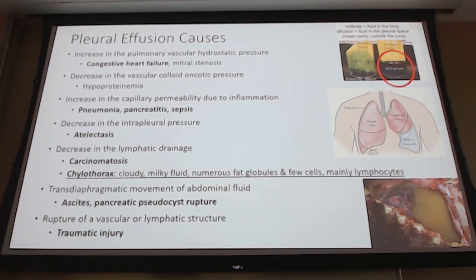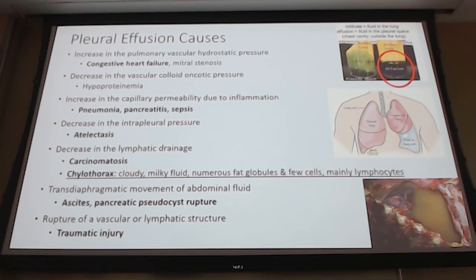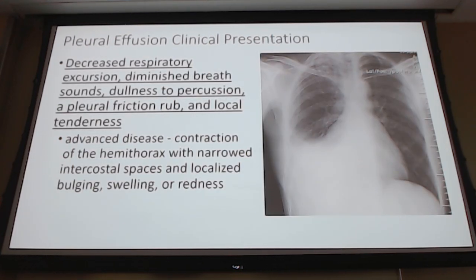For congestive heart failure, what do you expect it to do to the lungs? For atelectasis, what do you expect that disease to actually be doing in the lungs? That is a chylothorax. Yep. Gross.